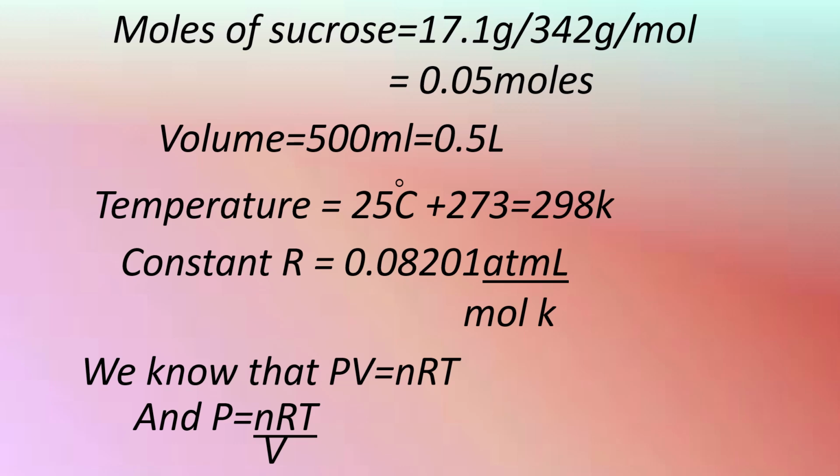Here the constant R has the value 0.08201 atmosphere liter mole inverse Kelvin inverse. Now we know that PV is equal to nRT. P is the pressure, V is the volume, n is number of moles, R is constant, and capital T is temperature. And P is equal to nRT over V.